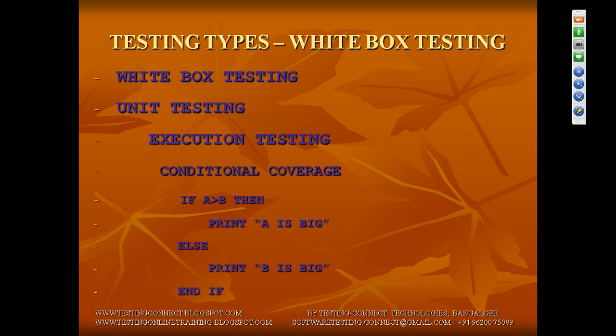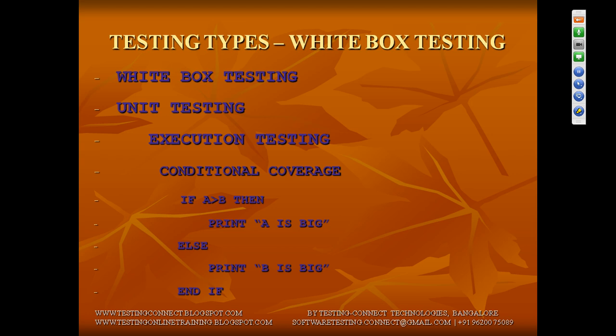That means execution finished? No, execution not yet finished. Why? Whatever test data you have taken covers the else portion, not the first portion, right? So how do you make sure the first branch of statements is also correct? Let us assume you copy pasted print b is big and forgot to change b to a.